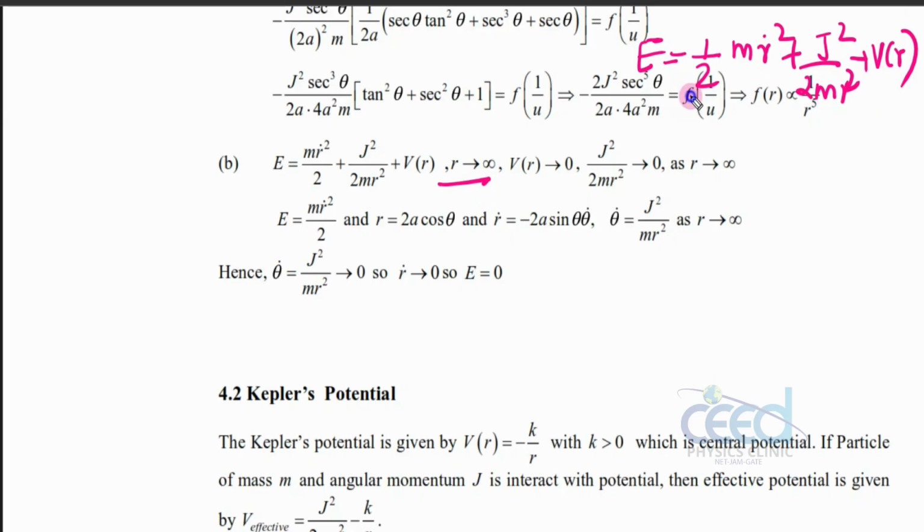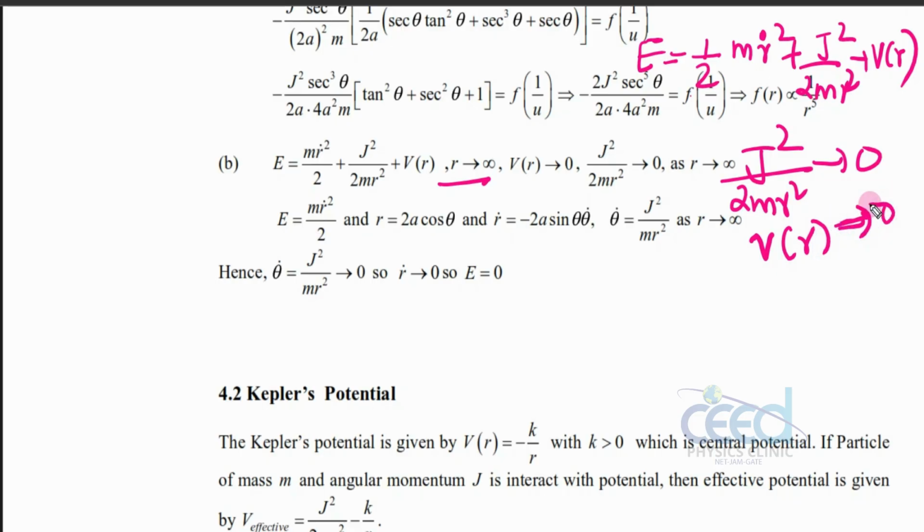The second part j square by 2 m r square tends to 0 as r tends to infinity, and also v of r tends to 0, because potential is an inverse function of radius.